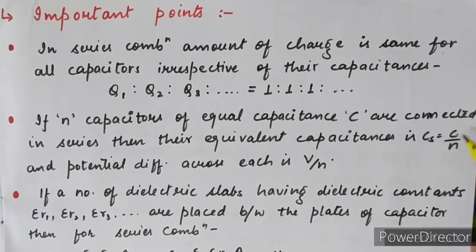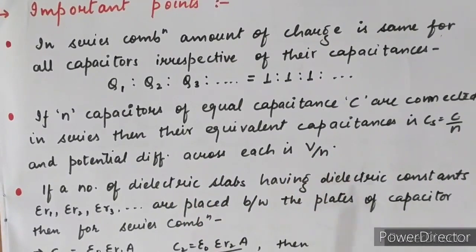Remember, this is applicable only when the values of all the capacitors are equal and they are connected in a series combination. Similarly, their potential difference across each is V upon n.